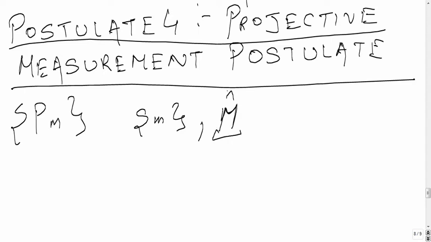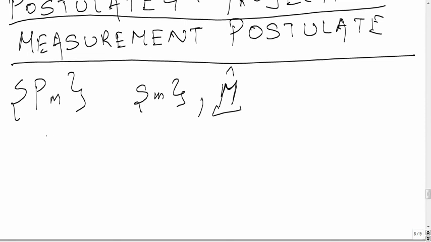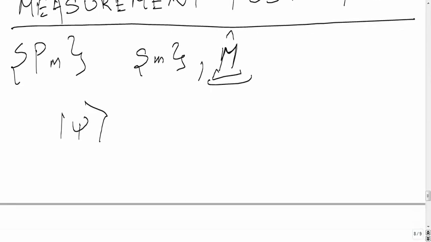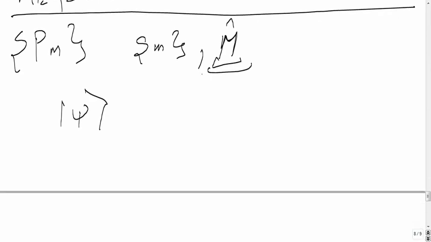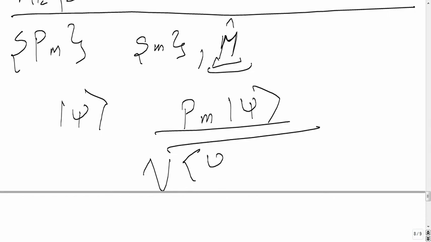Further, if the pre-measurement state, that is the state of the system before the measurement of this dynamical variable M, is given like this, ξ, then after measurement the state would change due to the act of measurement, and that post-measurement state is given like this: the projection operator operating on ξ divided by the square root of the expectation value of this projection operator.